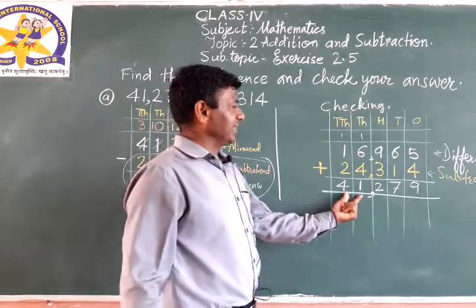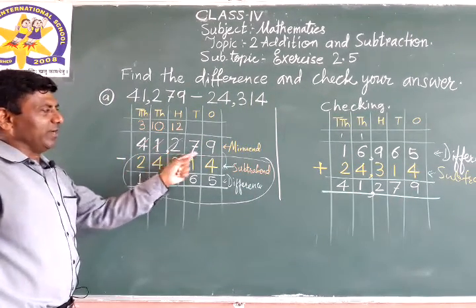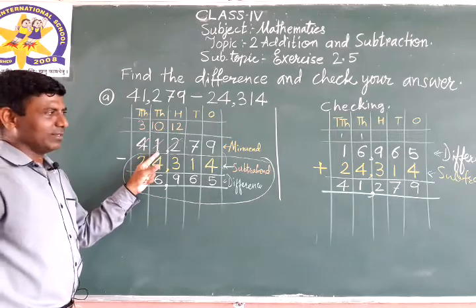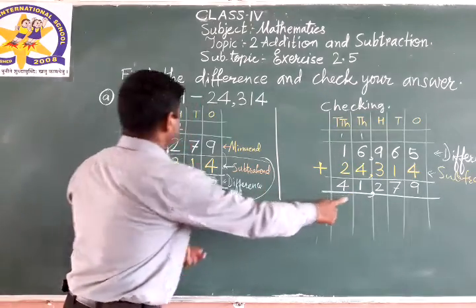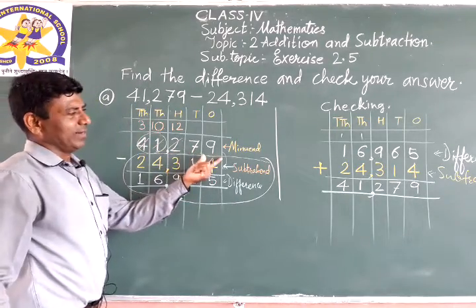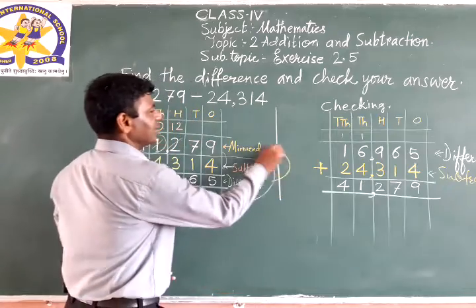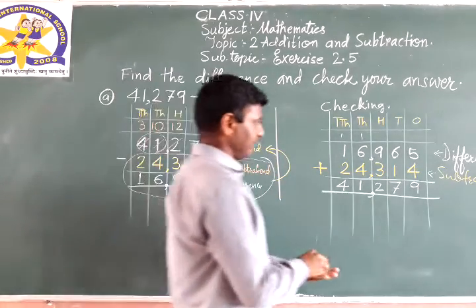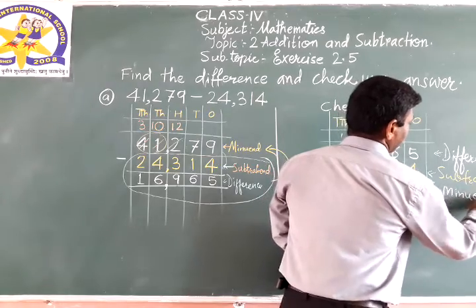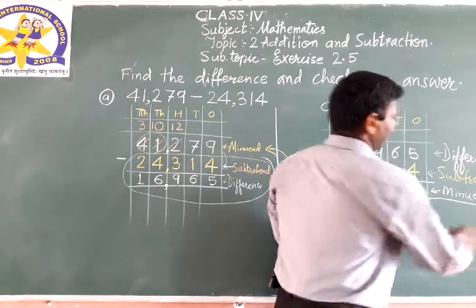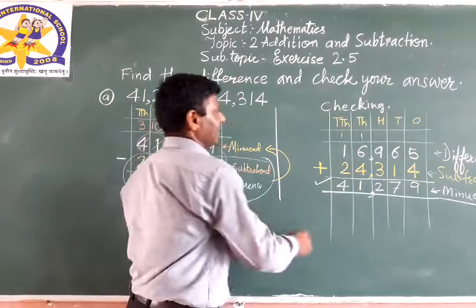Now check. 41,279 is there, the minuend. See here 41,000. Here 41,000. 279 means we got the minuend, which means our answer is right.